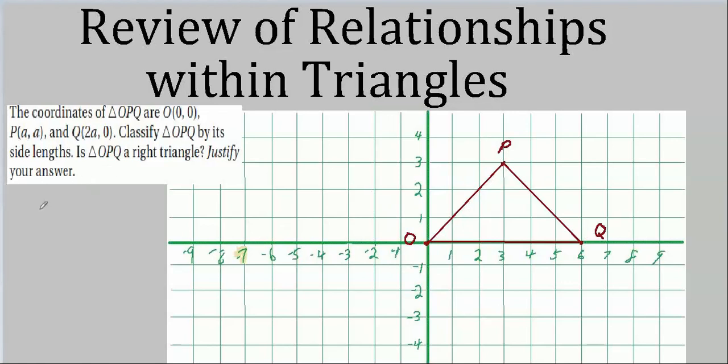Let's see, I can do it down here. The change in the x-coordinates, well, that's 0 minus A. We square that. Change in the y-coordinates, well, that's 0 minus A also.